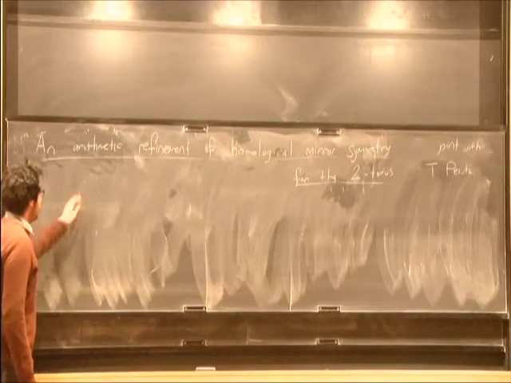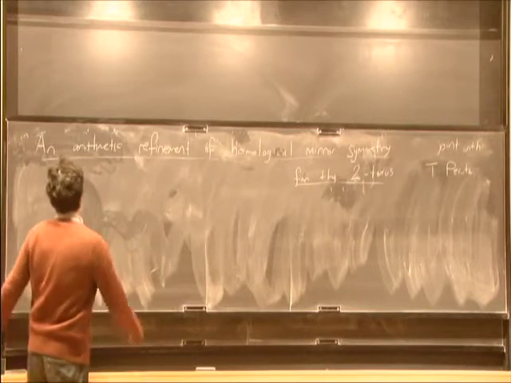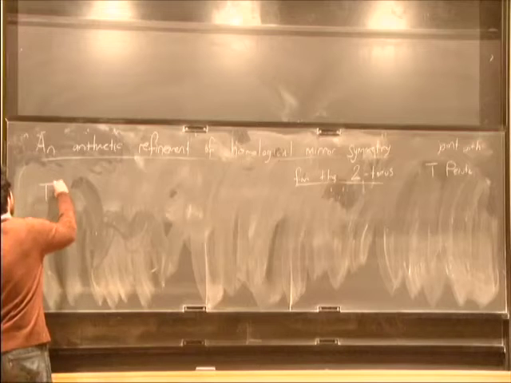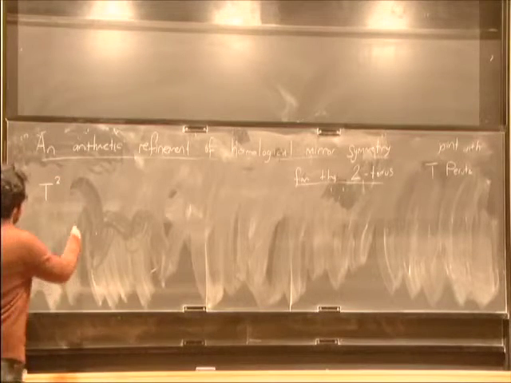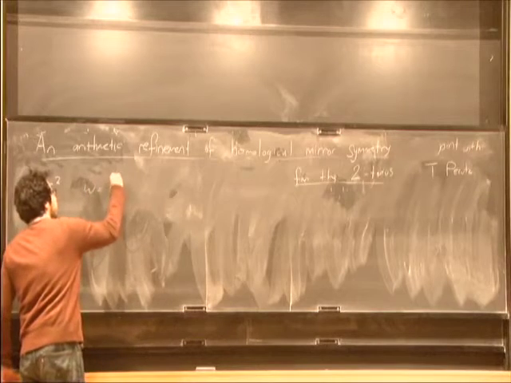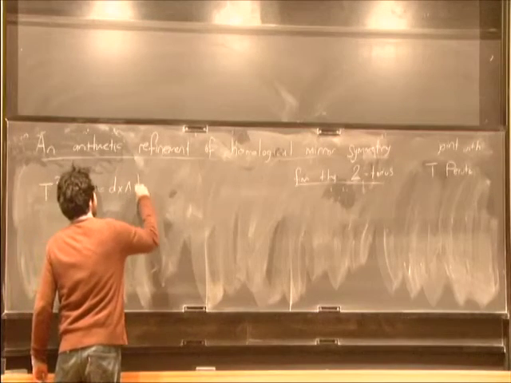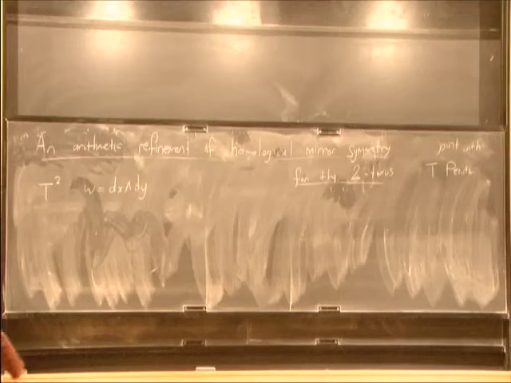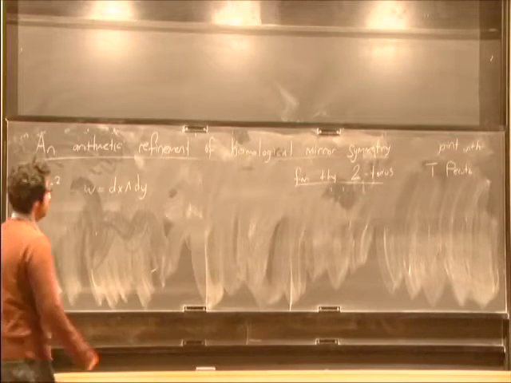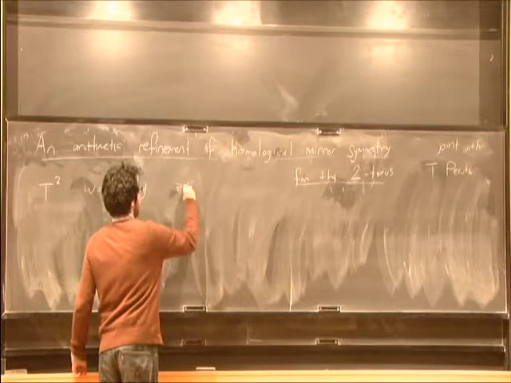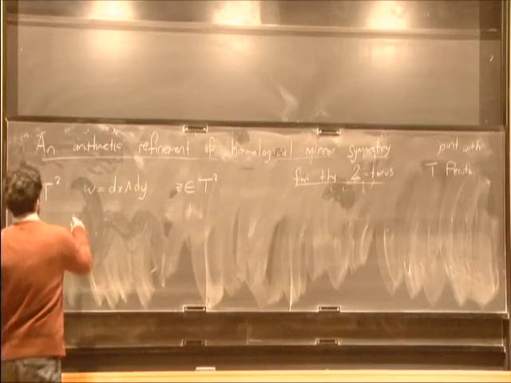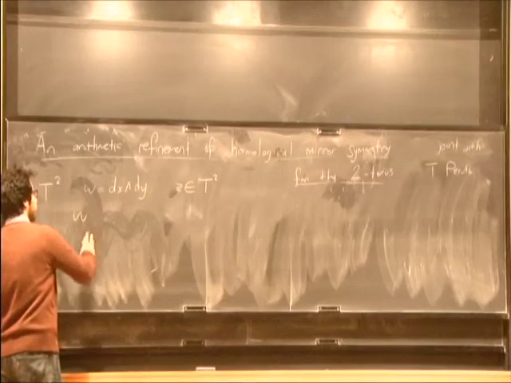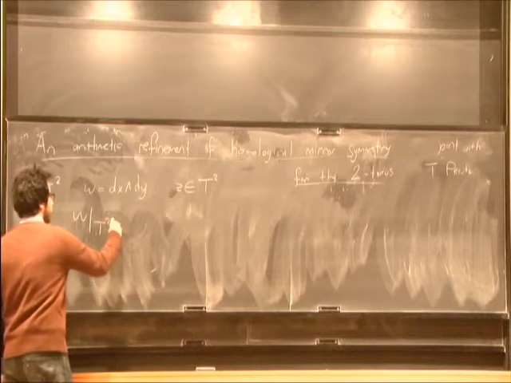Okay, so here is the setup. T2 is the symplectic torus. It has a symplectic form, and we have a fixed base point on T2, and a primitive of this symplectic 2-form outside of this base point.